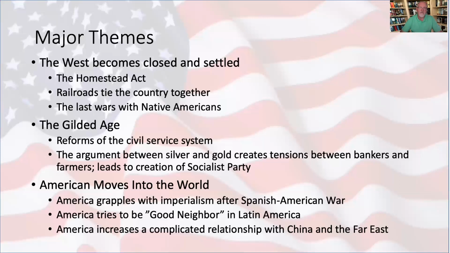We also have a very complicated relationship with China and the Far East at this time. Of course, Matthew Perry's voyage to Japan in 1854 finally opened up the Japanese islands, who were way better isolationists than we ever were, to American trade.